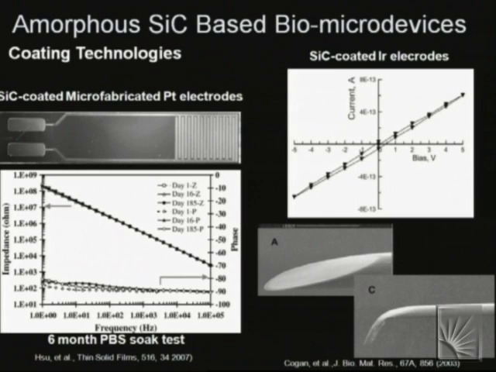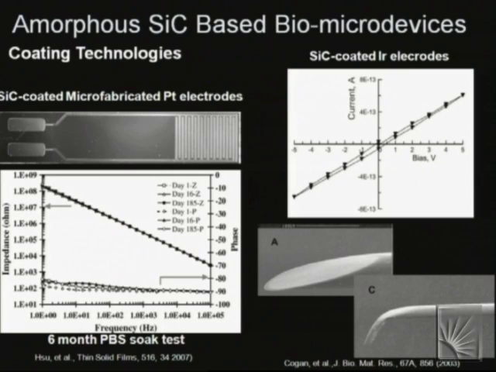Amorphous silicon carbide has also been extensively explored for biomedical microdevice applications, and there are two groups that are leading the way here in the United States. One group is out of the University of Utah, led by Florian Solzbacher, and he envisions using an amorphous silicon carbide thin film as a packaging material for microdevices largely built out of silicon. And he spent a lot of time investigating the hermetic behavior of these films.